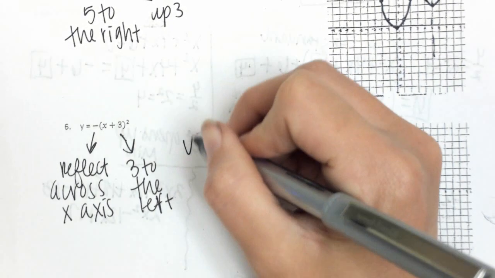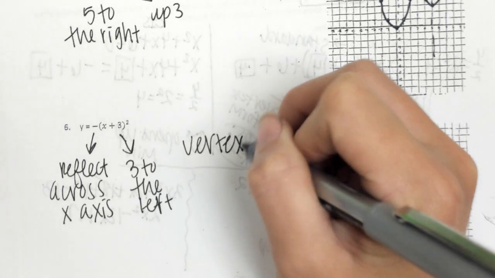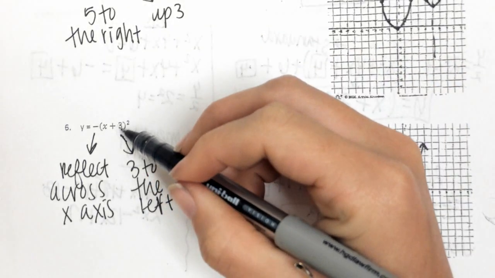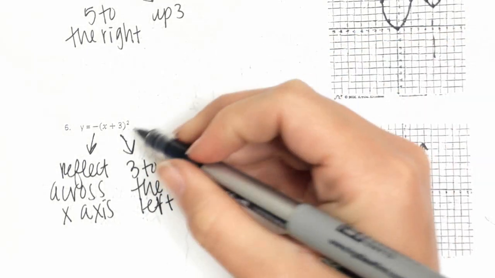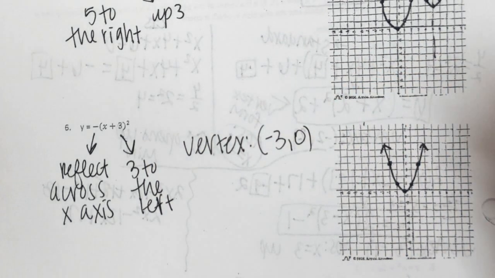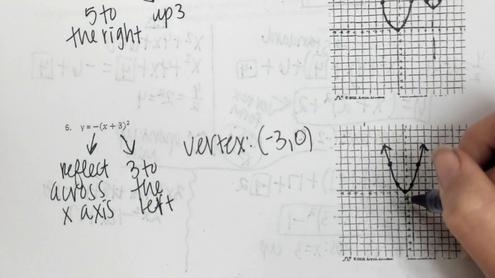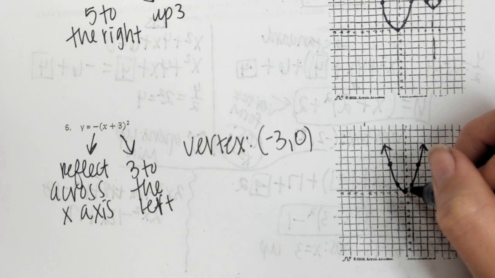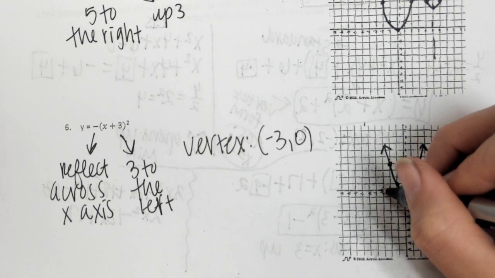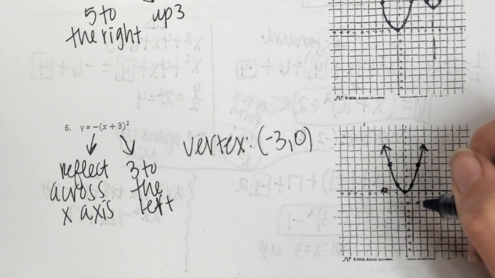Alright, and the vertex of this graph is negative 3. There's no y, so it's negative 3, 0 is the vertex. Go ahead and draw that point, and you can see that's the same thing as moving the center 3 to the left. 1, 2, 3. It's at negative 3, 0.